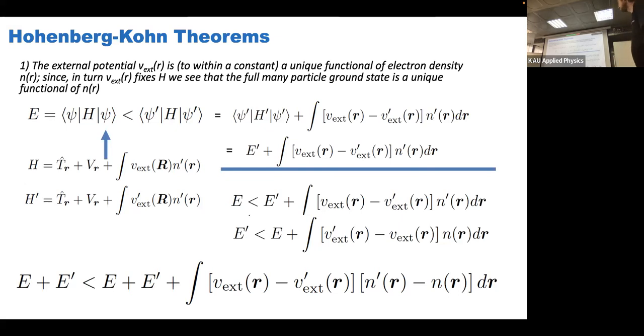You said that in order for this statement to be true, we need this integral to equal 0. More or equal, yeah. But if it's not 0, it can still be less.